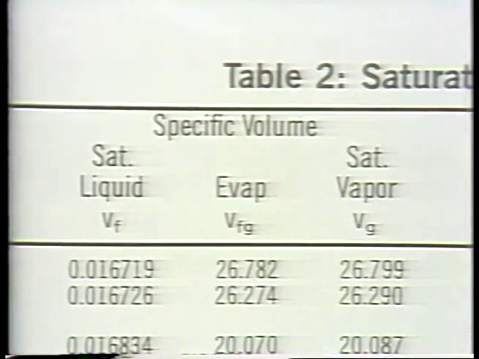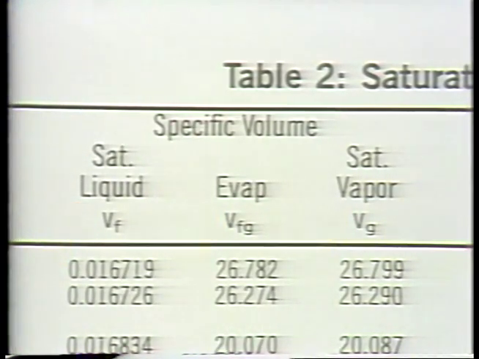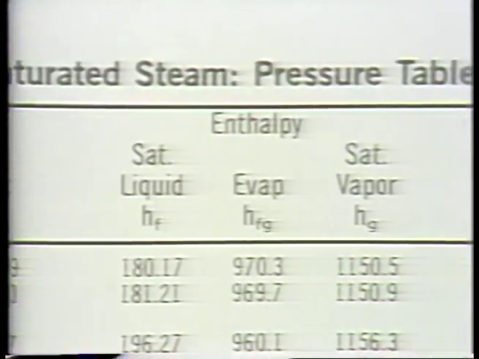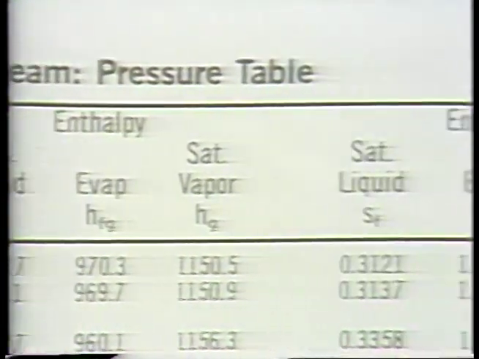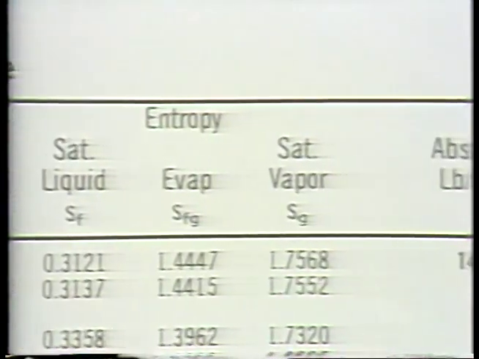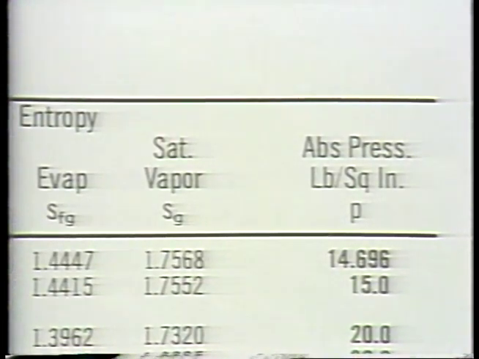As in Table 1, each heading has three columns under it designated as saturated liquid, evaporation, and saturated vapor. Similar information is given in these columns in Table 2 as is given in the columns in Table 1. The major difference between the values given in Table 2 are that they are listed according to pressure. The final column in Table 2 repeats the absolute pressure in pounds per square inch.